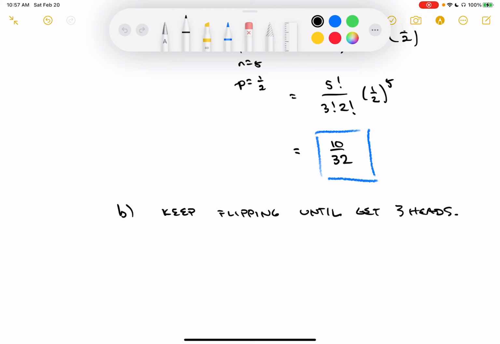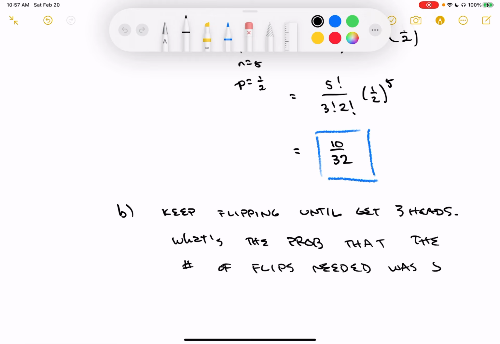And then we're wondering, what's the probability that the number of flips needed was 5? This is a slightly different situation, right?